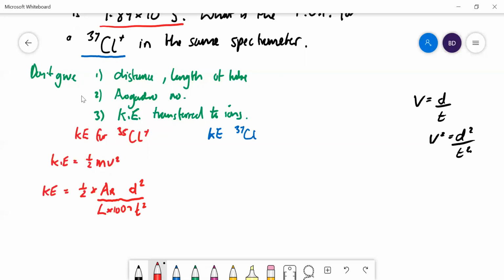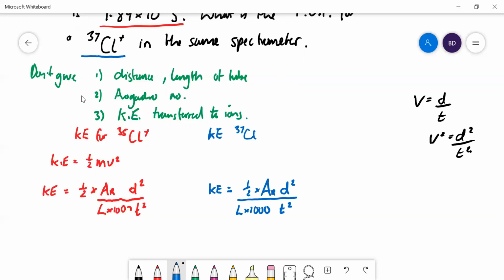Now we can do the same for the 37, changing to blue. The kinetic energy there is half times the AR times d squared over L times 1,000 t squared, where blue t is the time of flight for the 37.